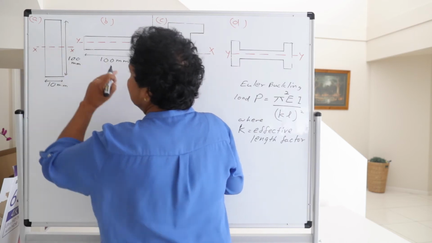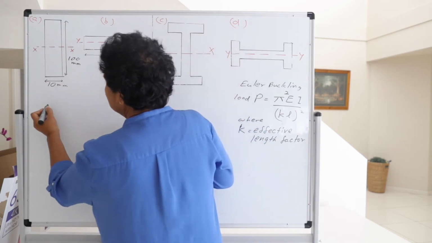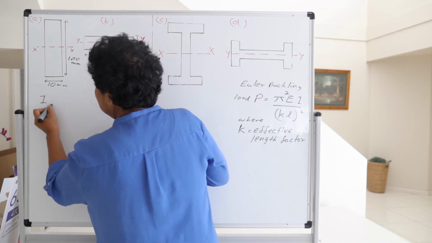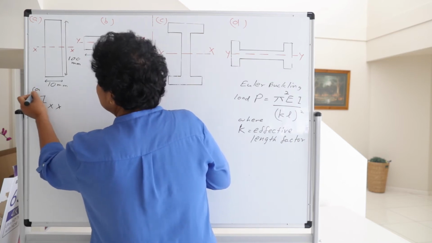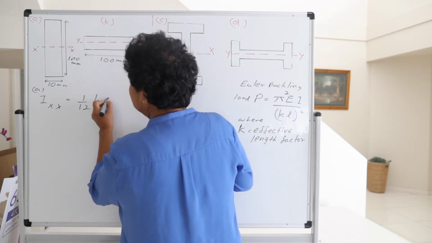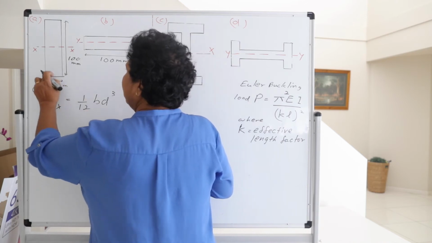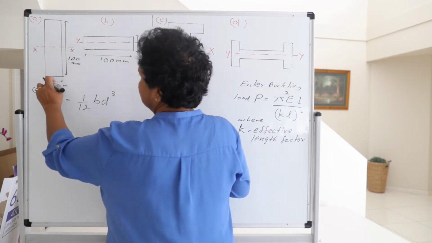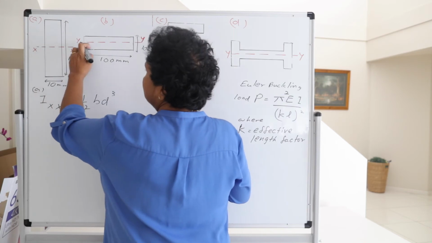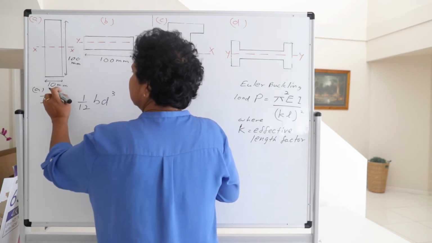If you calculate the I value using the major axis, which is the x axis, so Ixx for figure A is 1 upon 12 BD cube. Here B is the dimension parallel to the axis we consider. So here we are considering bending about this axis, so the dimension parallel to that axis is 10.